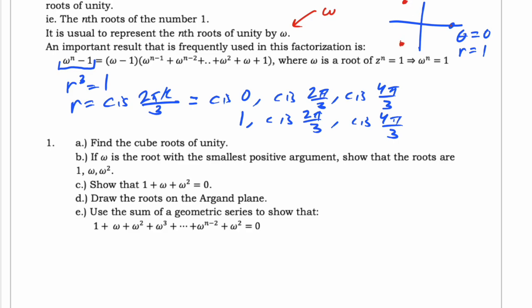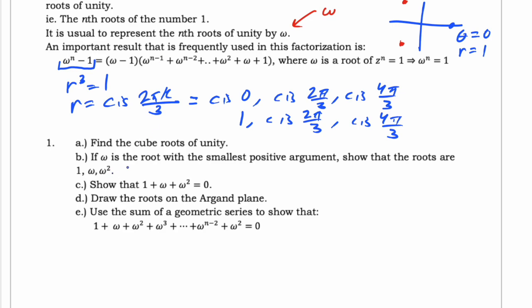Since they're evenly spaced, 360 degrees divided by 3 is 120, so this angle should be 120, which is 2 pi over 3, and then you got 240, which is 4 pi over 3, right? So you can kind of shortcut it and get these answers right away. So those are the cube roots of unity.